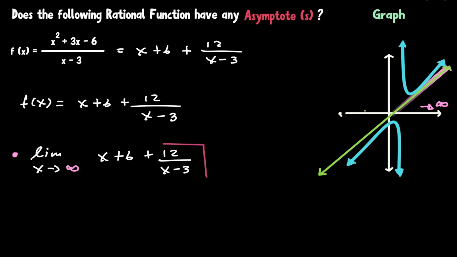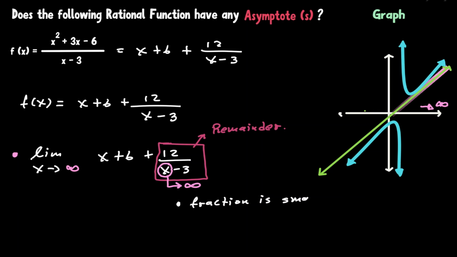Notice what's happening on this expression where we have a remainder. When this variable x is increasing without bound, the expression is getting very small. It's so small that we can consider it as if it were a value of 0.